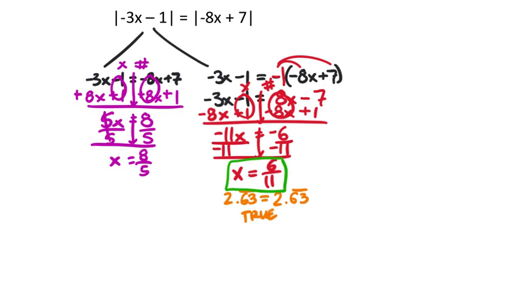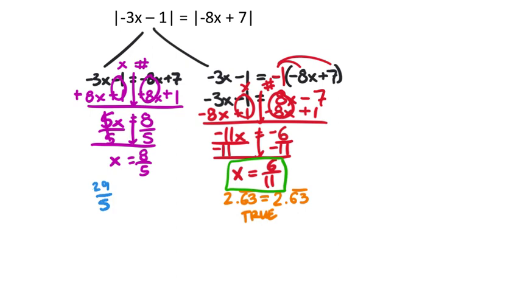But again, let's go back up to the top and replace this x with 8/5. So I got negative 3 times 8/5 minus 1, enter, and my calculator gives me the fraction negative 29/5. That's the left side. Sorry, the absolute value, so that would have been positive.